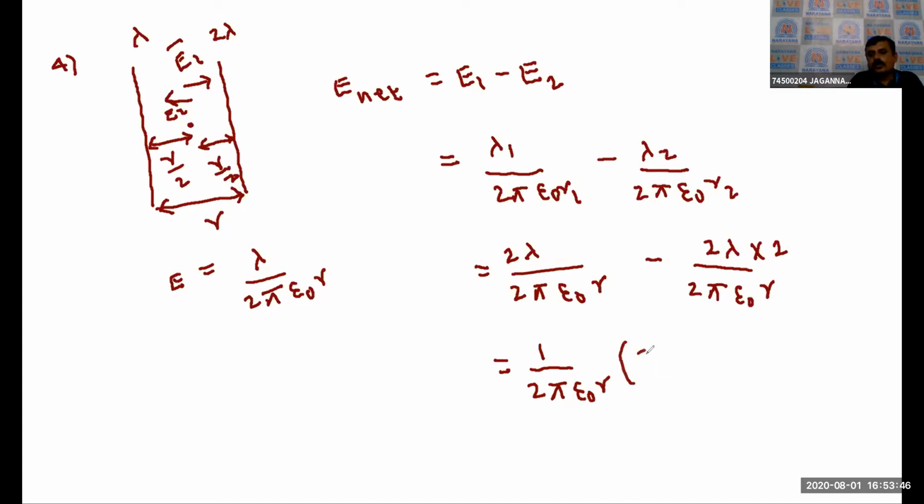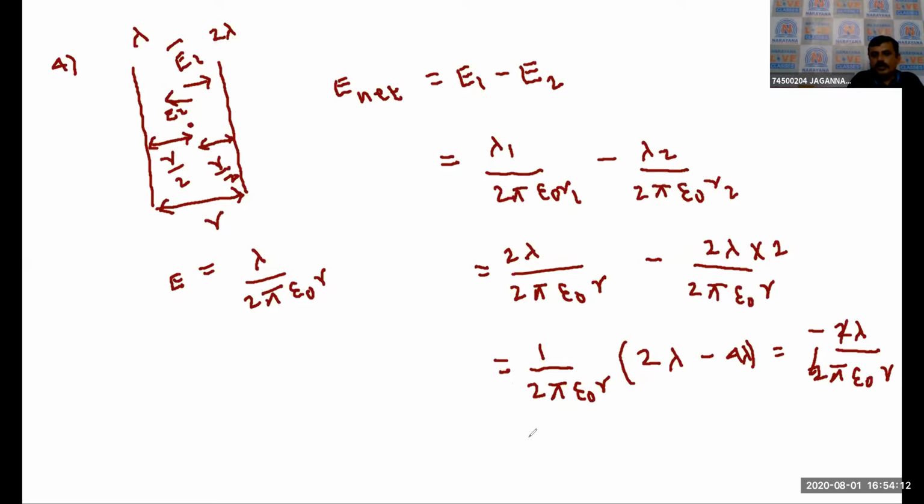So we get 2 lambda minus 4 lambda. So what is the answer that will come here? This is minus 2 lambda divided by 2 pi epsilon naught into R. So 2 and 2 cancel.